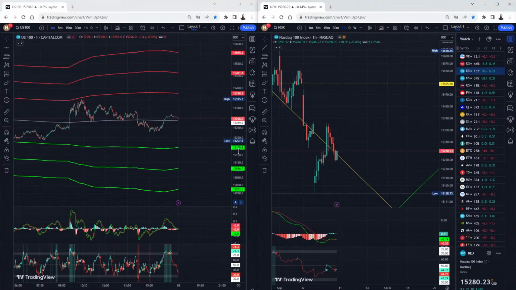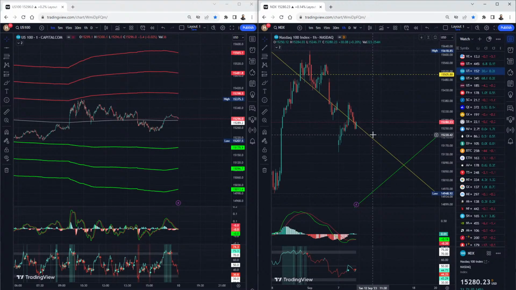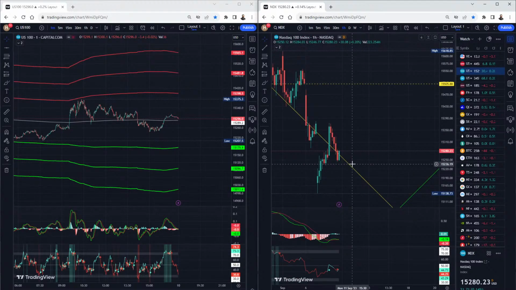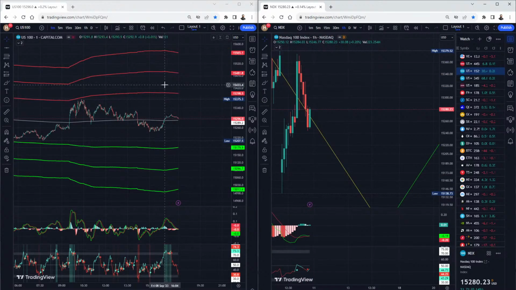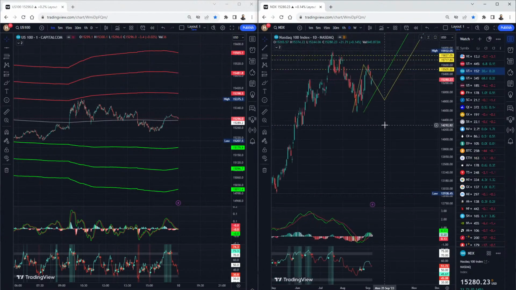And if we go down below 15,179, let's say 150-ish, around here at the previous lows, if it comes all the way down here to the previous low, this is where you should be looking to buy. So you can copy these levels and put them on your chart as a short-term analysis for Monday's trade, and that's how you're going to trade.